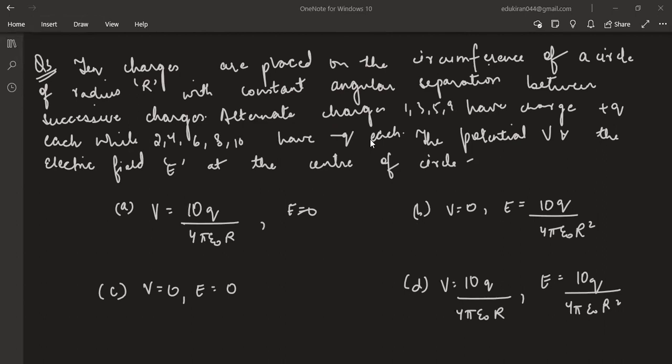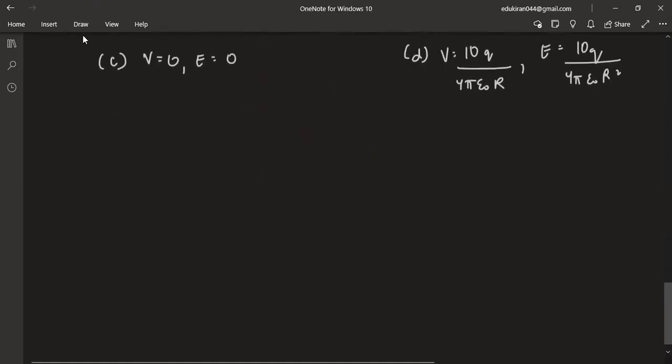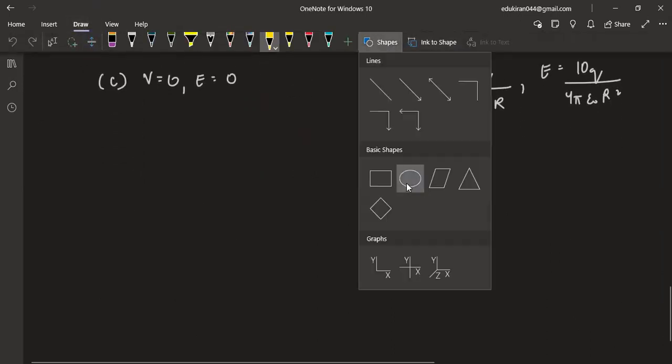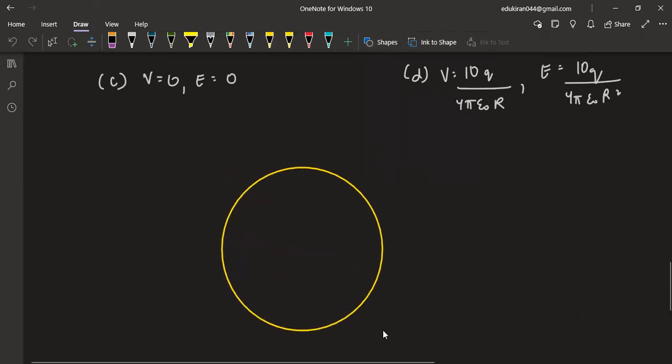Yes, Krishna, right. Yes, see others also. The option will directly be C. Easily, if the figure had been given, you would have got your answer. It's like this is a circle.